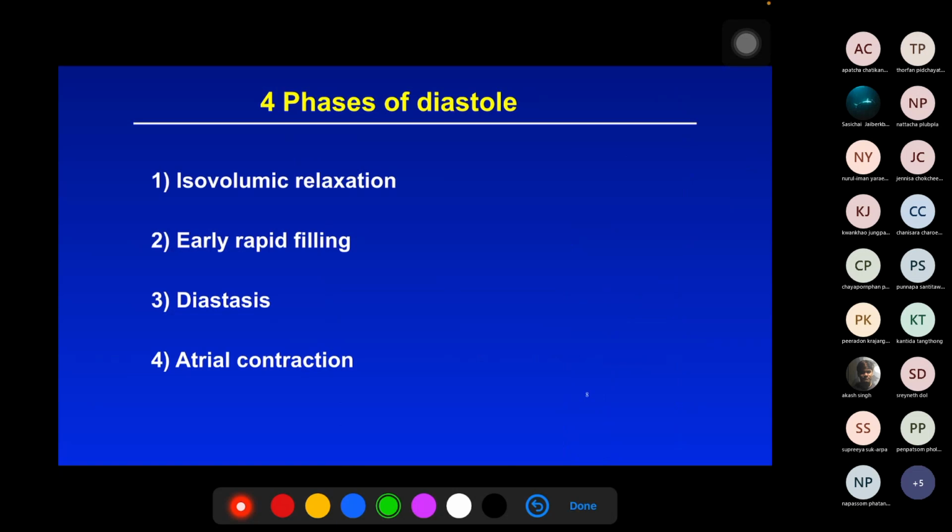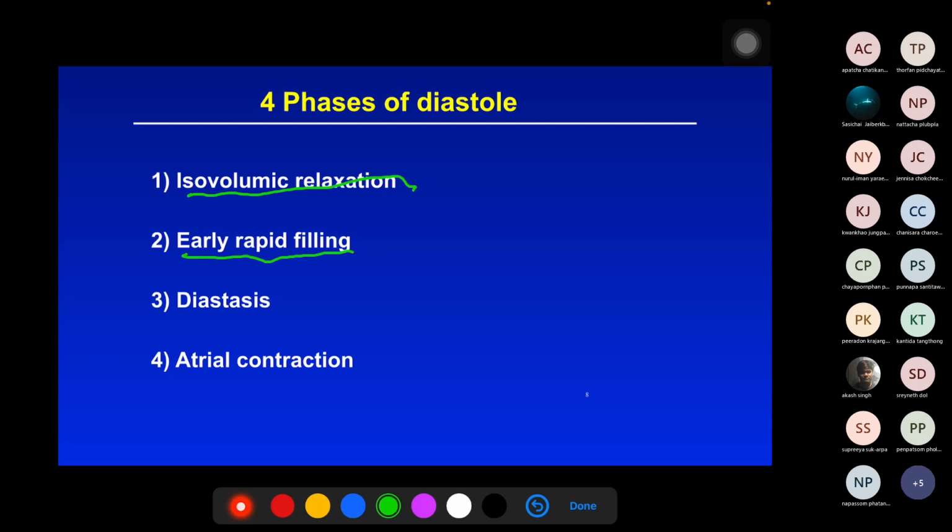Okay, again, four phases of the diastole. One, IVRT starts at the T wave. IVRT, this phase is the relaxation without any flow from the LA to LV. When the pressure in the LV is lower than LA, the mitral valve opens. When the mitral valve opens, it starts the second phase, the early rapid filling.